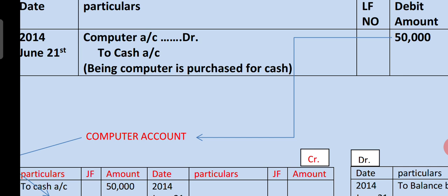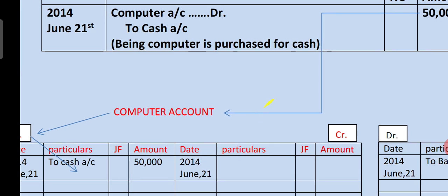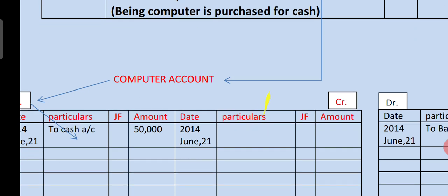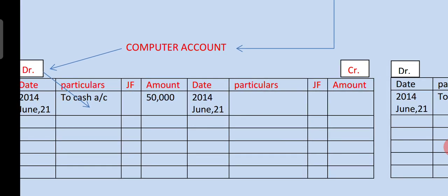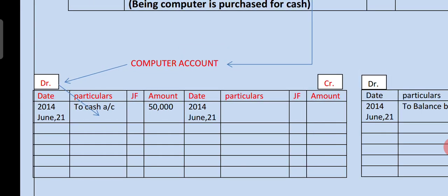So on the names of these accounts we prepare accounts. We prepare one ledger account on the name of computer. In the computer account there will be date column, particulars column, JF journal folio number, and amount column, on both debit side and credit side.